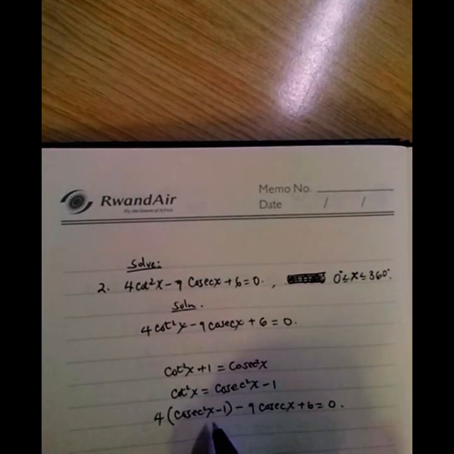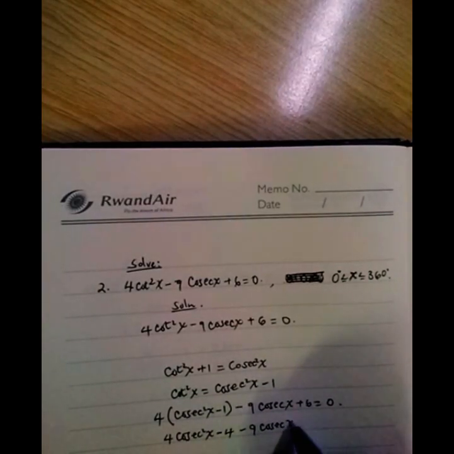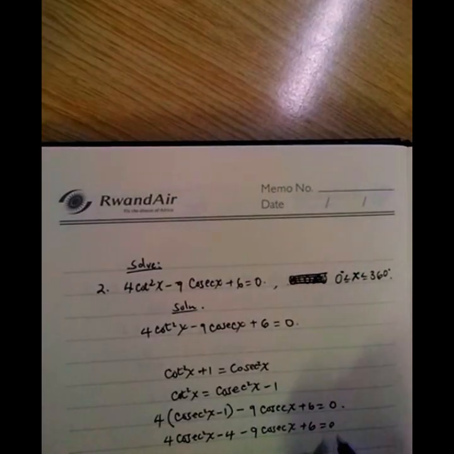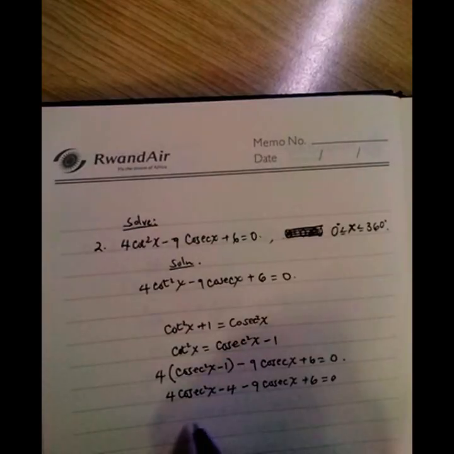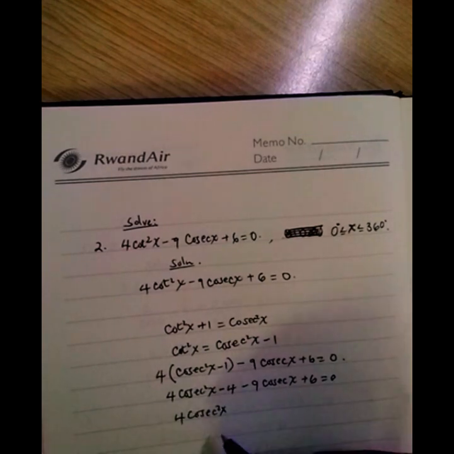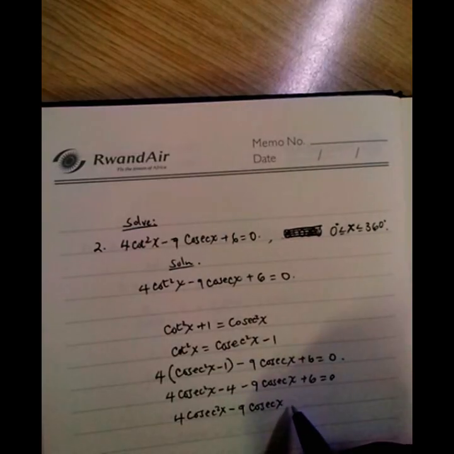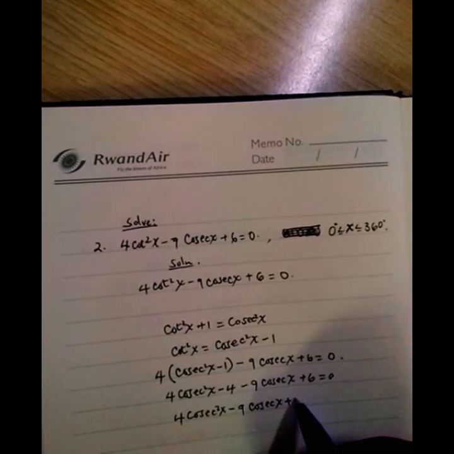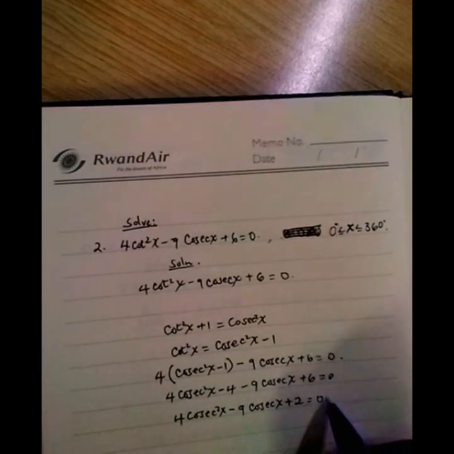Now we open the brackets and shall have 4 cosec squared x minus 4 minus 9 cosec x plus 6 equals 0. Next is to simplify, and then I will have 4 cosec squared x minus 9 cosec x plus 2, because negative 4 plus 6 is positive 2.